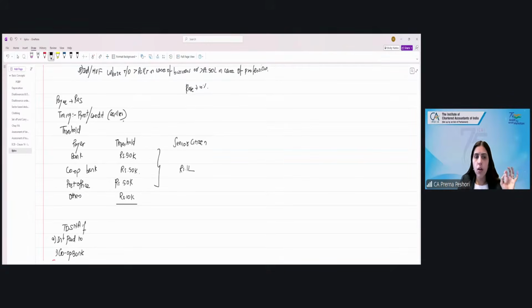Now, there are certain exceptions where the TDS on interest is not applicable. Which exceptions are there? What are the exceptions where TDS is not applicable?